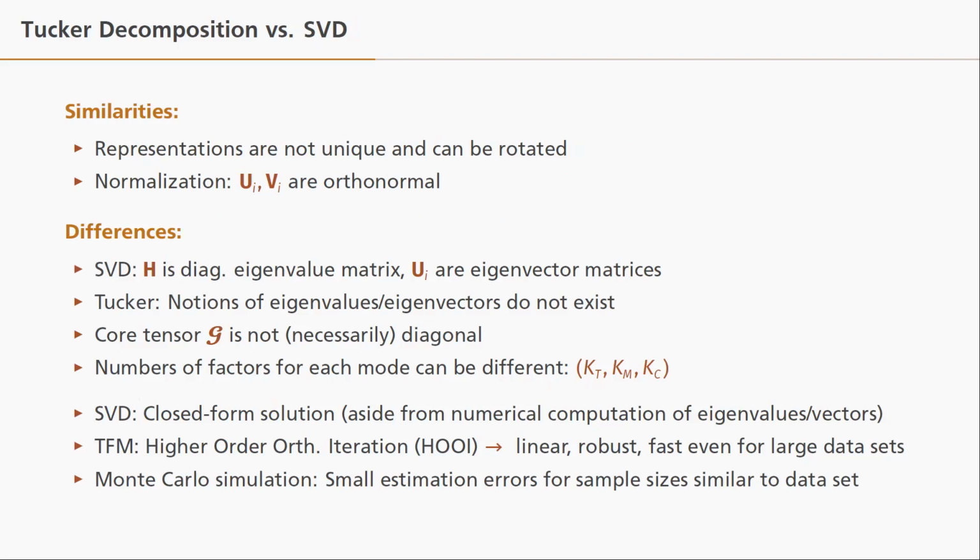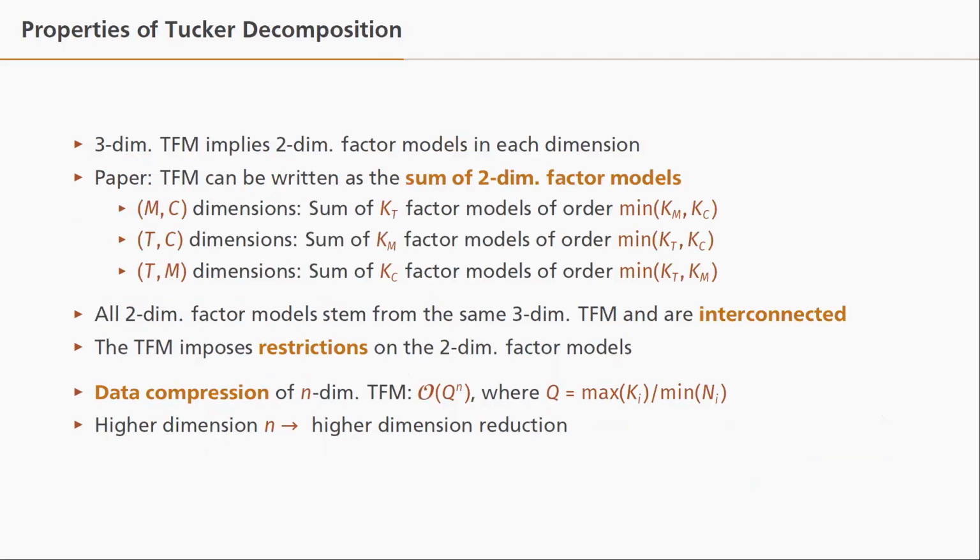So we can also write this in factor form, right? I showed in the paper that you can write this 3-dimensional model as the sum of restricted 2-dimensional models in each of the dimensions. So you estimate the 3-factor models, and then you can back out the implied 2-factor models.